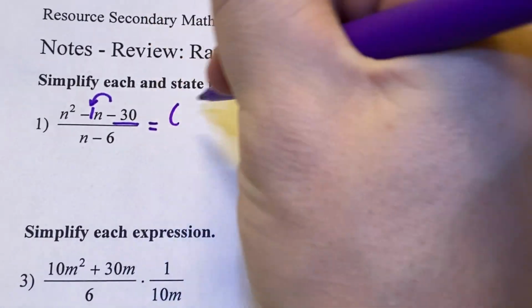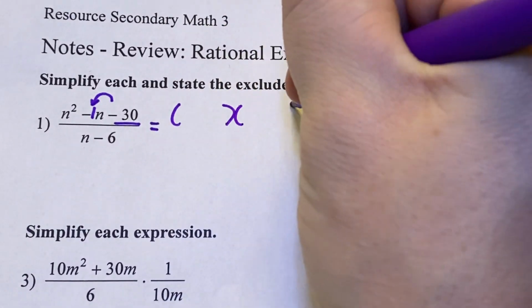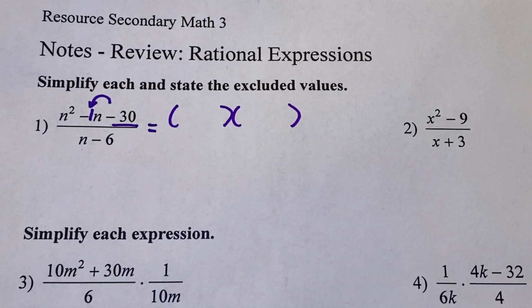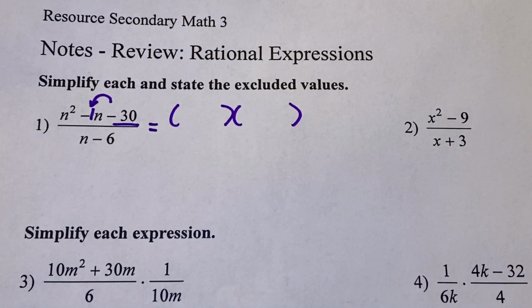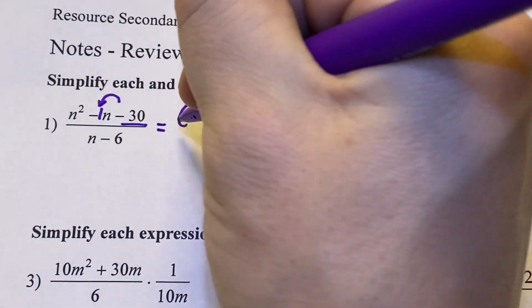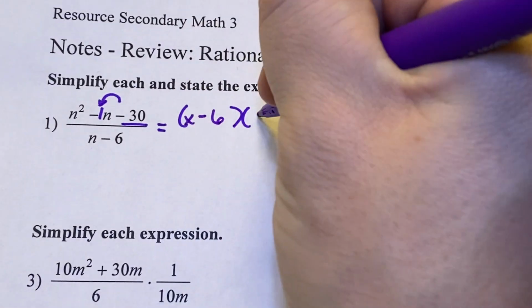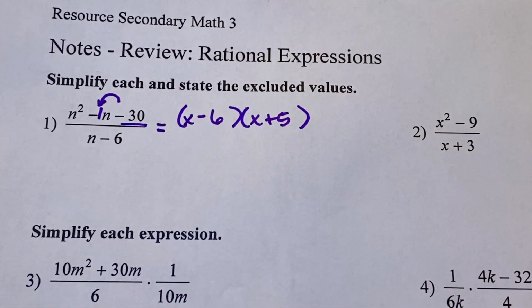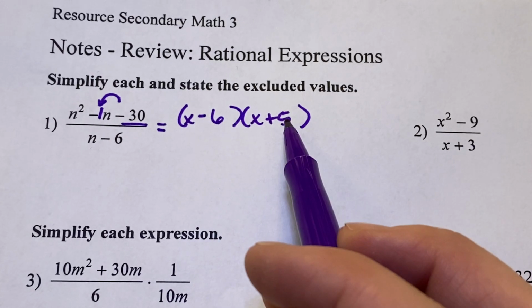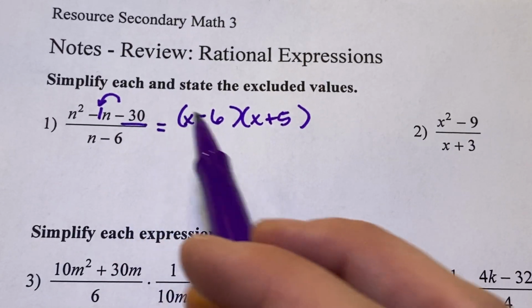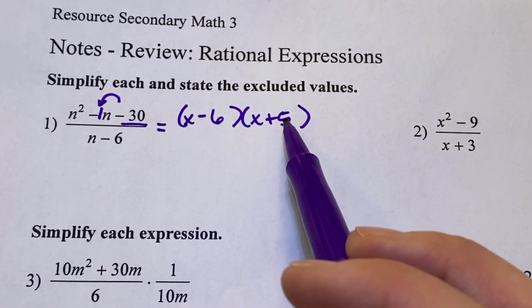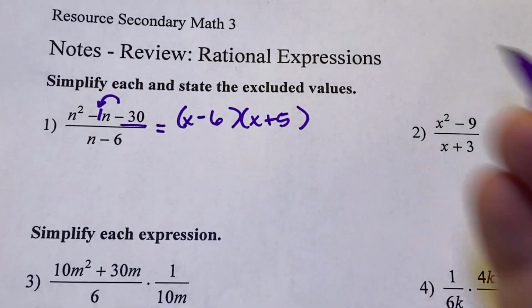Nice. To get a negative 1, I want my 6 to be negative. So that factors to n minus 6 times n plus 5. Negative 6 times positive 5 gives me my negative 30. Negative 6 plus 5 gives me my negative 1.